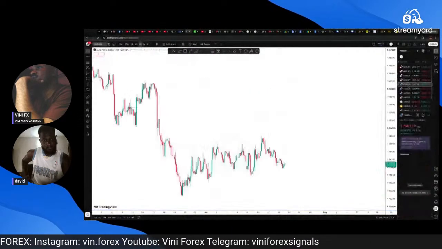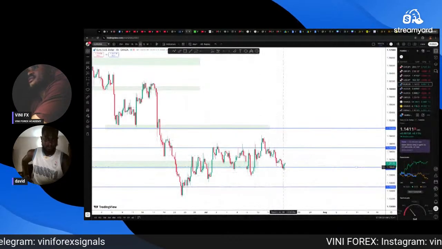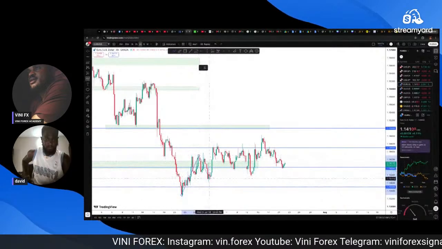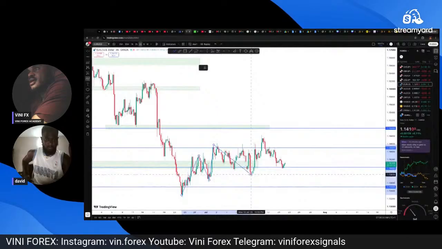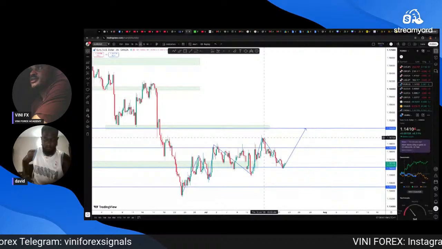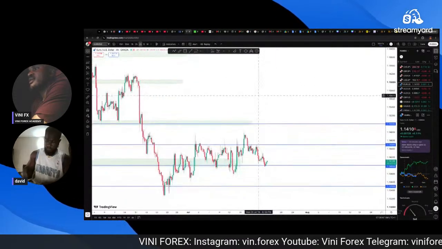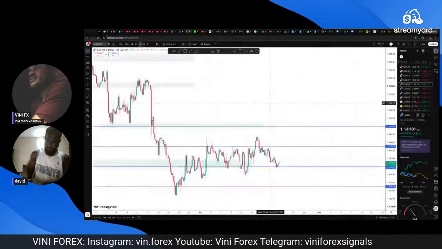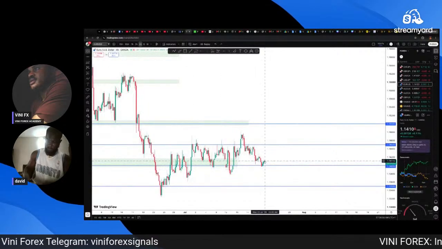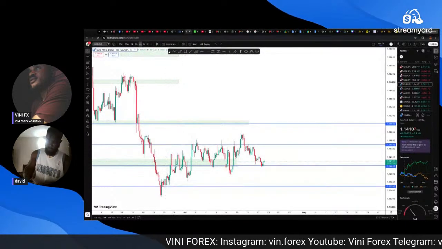EURUSD is giving a structure of an uptrend, in the sense that this is a high, a higher low, a higher high, a higher low, a higher high, a higher low, then another higher high. So as a standard, on USD it's definitely going to be a buy. So even at that, decide to take your long.